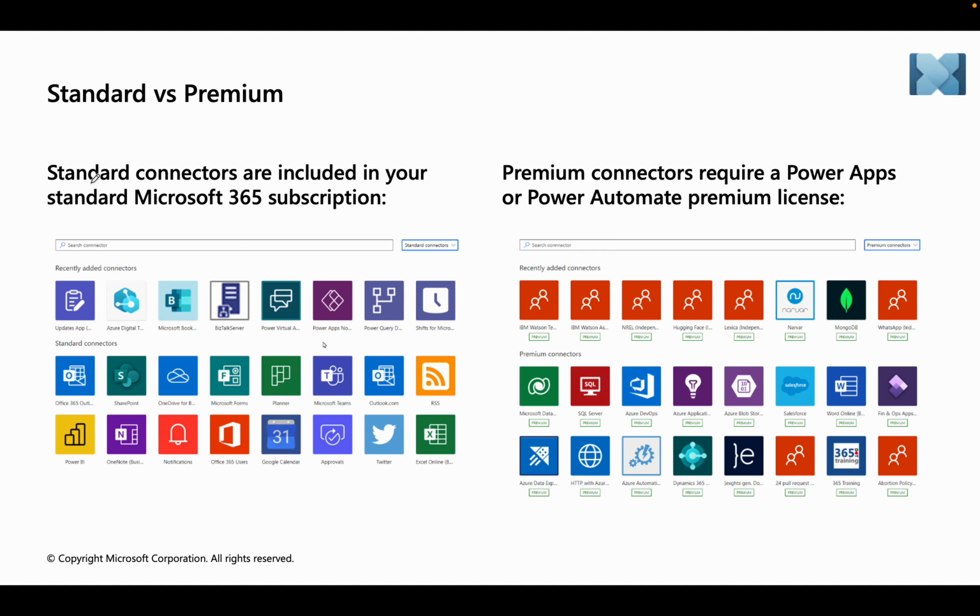One is called standard, one is called premium. The standard one is not free actually; if you have a Microsoft 365 subscription, then you may use the standard connector. For the premium connector, you need to have a Power Apps or Power Automate premium license. So if you pay more money, then you may use the premium connector.